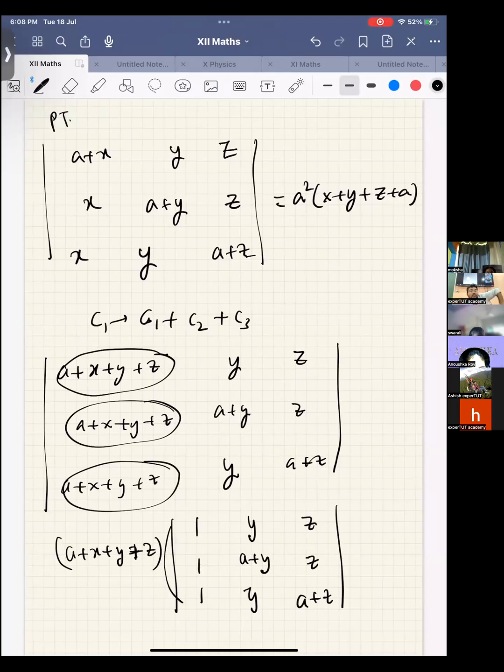Yes. R1 is R1 minus R2 and R2 is R2 minus R3. Do that quickly.